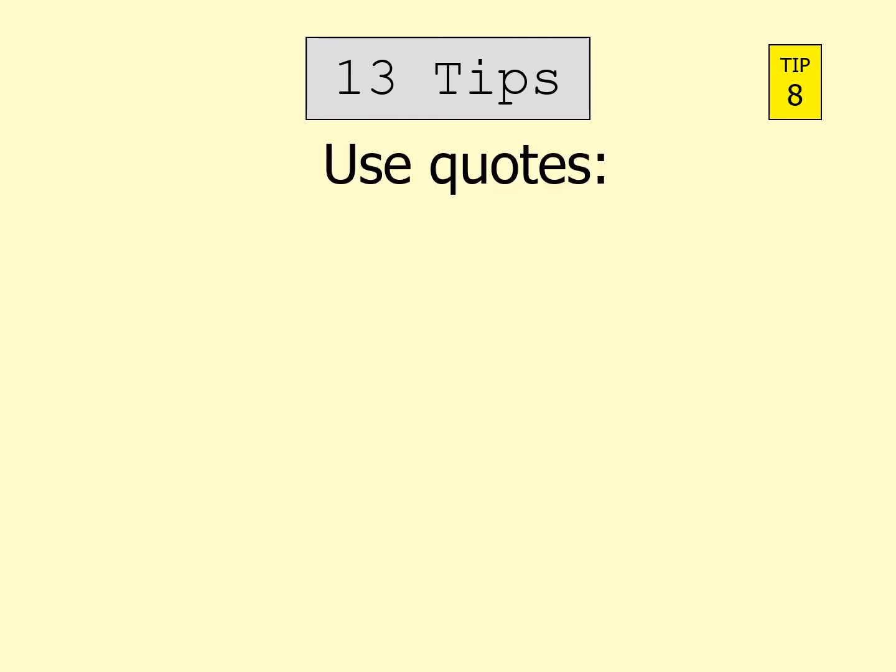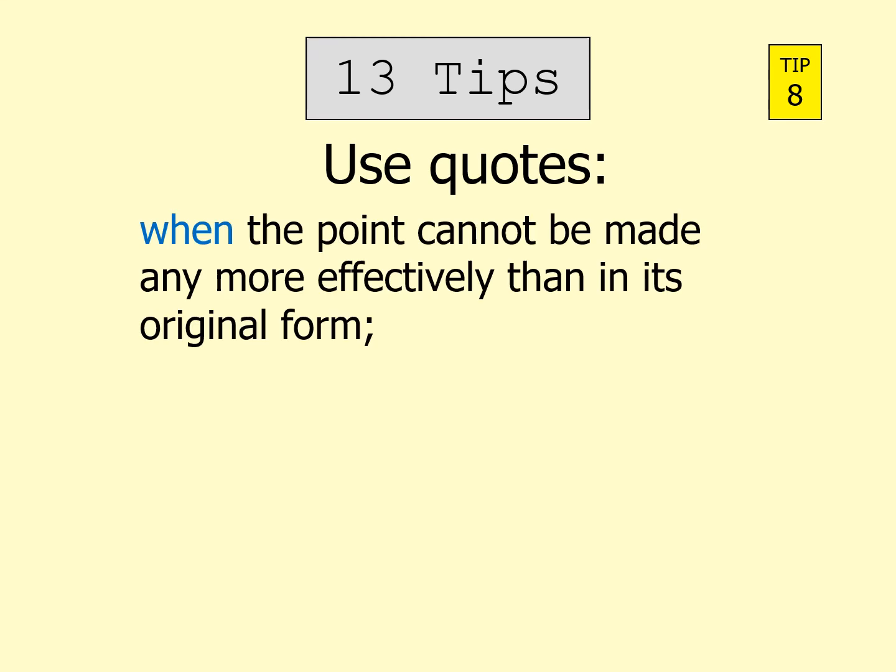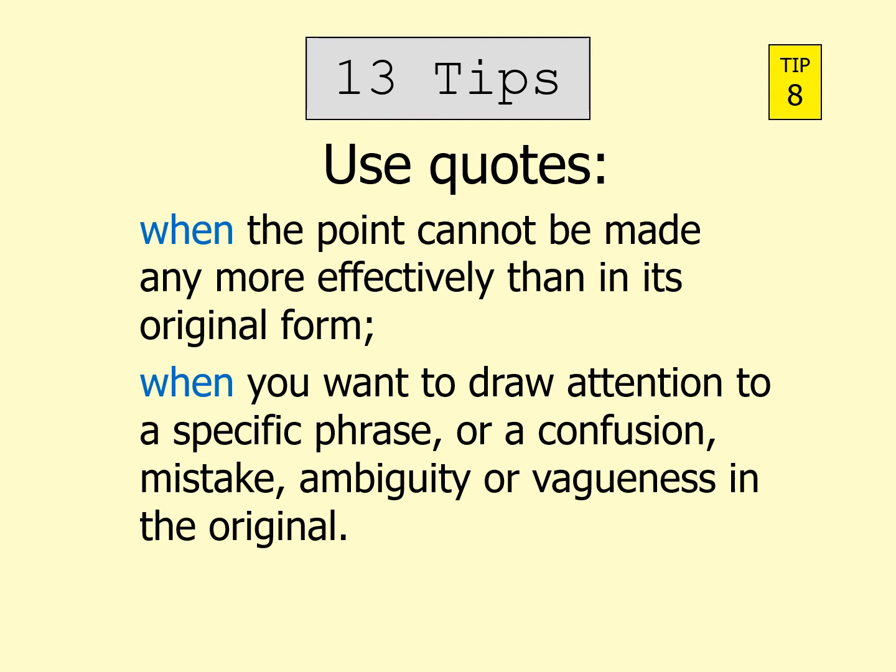Use quotes sparingly and generally under these two conditions. 1. When the point cannot be made any more effectively than in its original form. 2. When you want to draw attention to a confusion, mistake, ambiguity, or vagueness in the original.